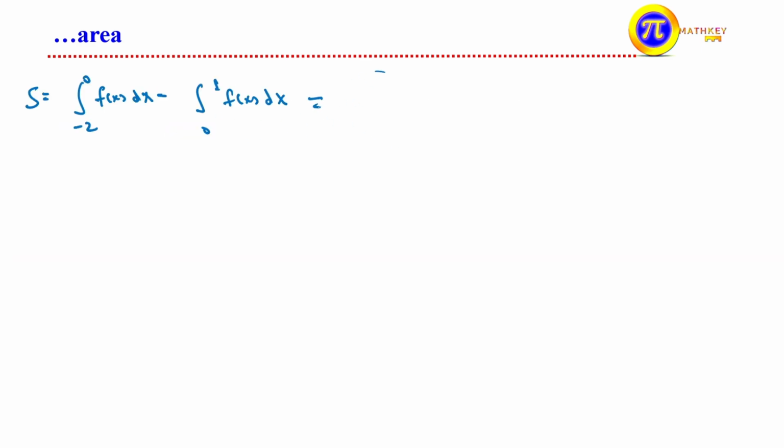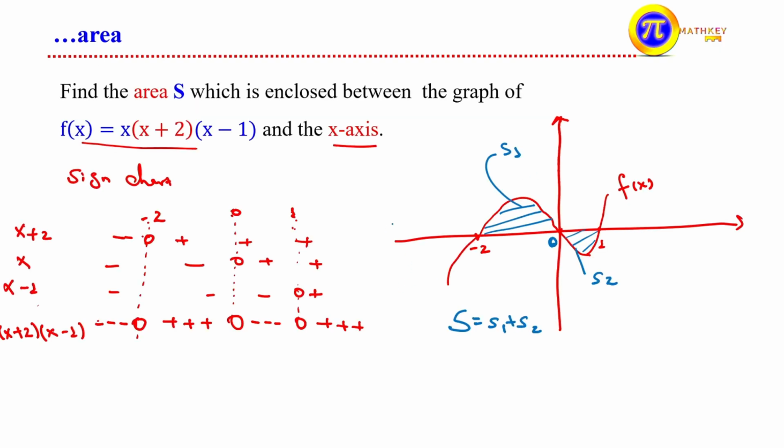After that, integrate the function we have, which equals the integral from -2 to 0 of x times (x plus 2) times (x minus 1) with respect to x. We can take their product.